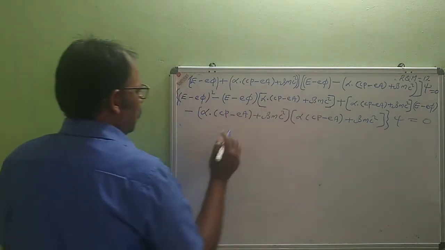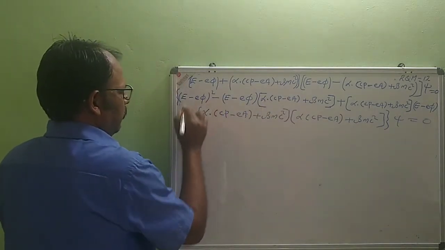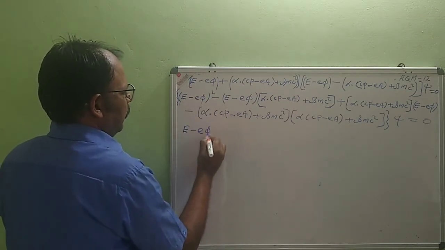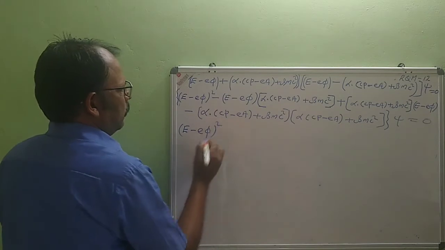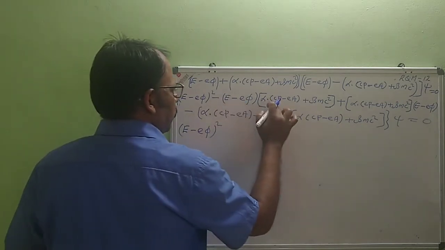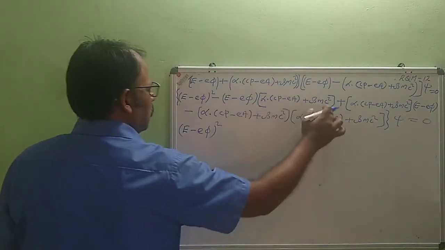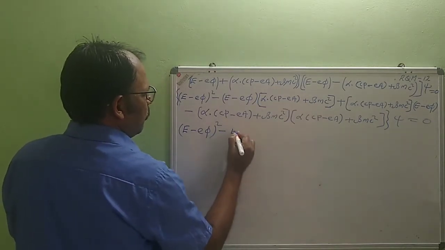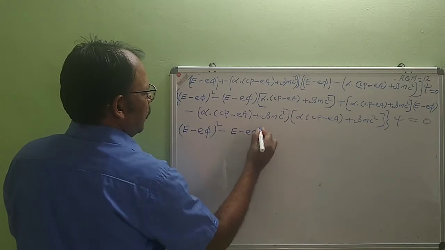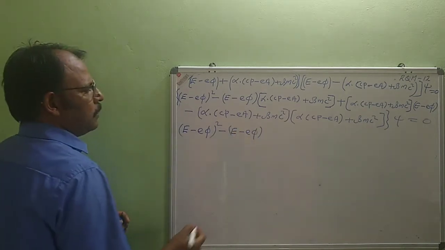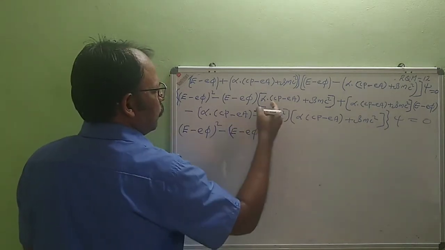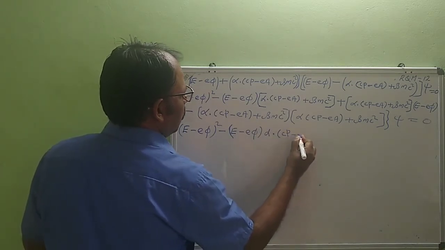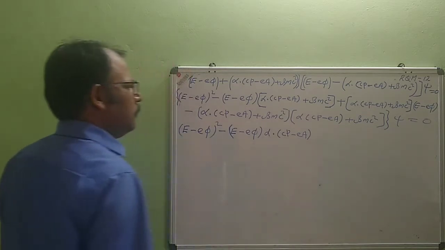This term I am preserving as such, so it will be E minus e phi the whole square. Now multiply this one with this one and open this bracket. Then I will be having minus of E minus e phi into the first term alpha dot (cP minus eA).